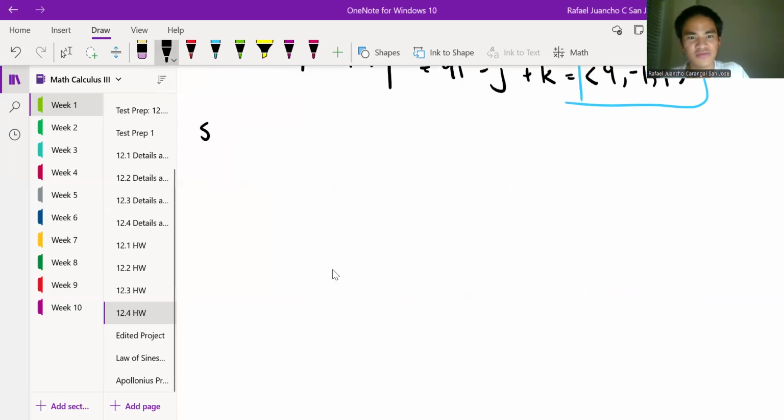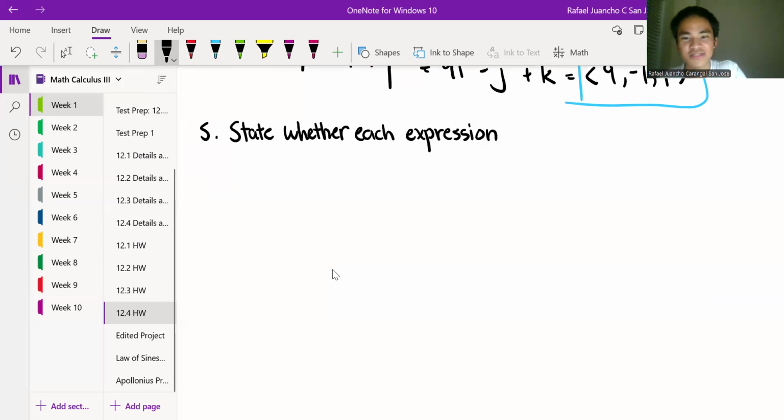All right, 5 is more of a multiple choice. So we're going to state whether each expression is meaningful. Honestly, basically what it's asking is if it works or if it doesn't work. That's all it's asking.